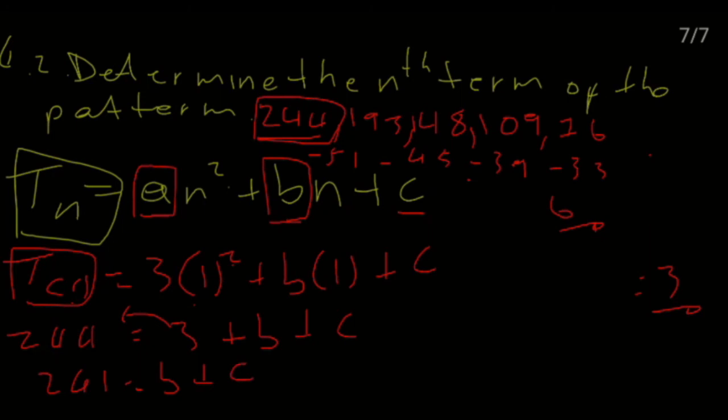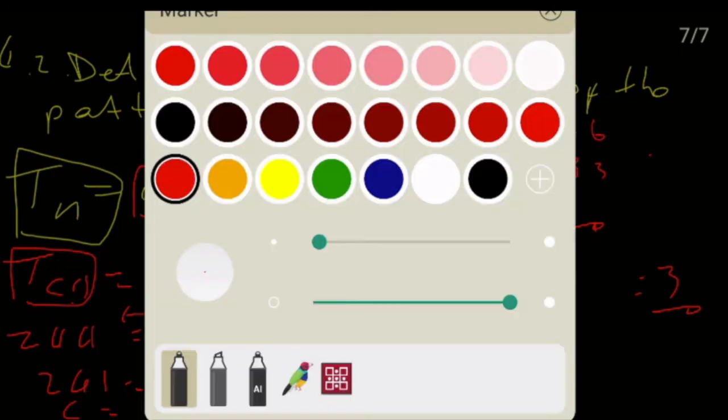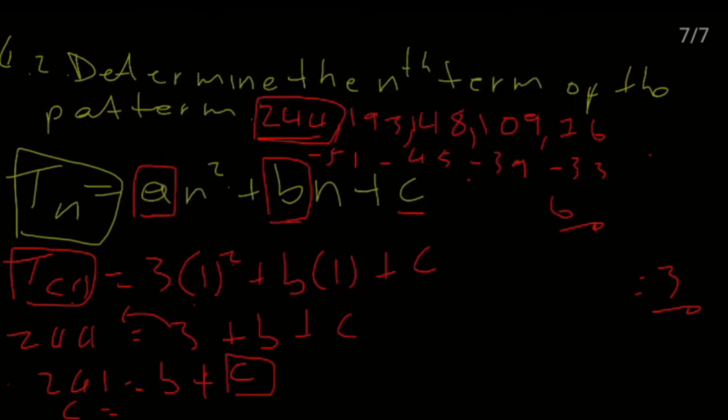So again, I'm going to try to isolate one of the variables. Let's take the C and say C equals, and then I take the B to the other side, minus B plus 241, and I'm gonna go ahead and call this my equation 1.